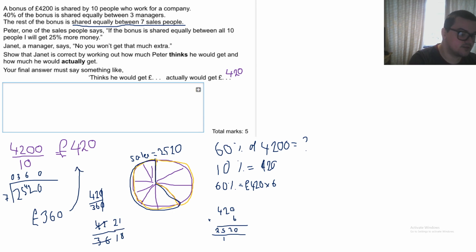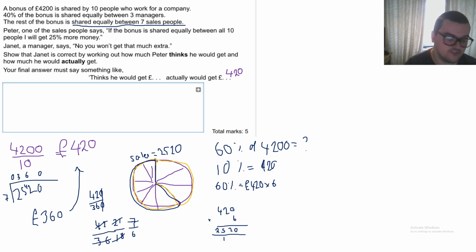These are both multiples of 3, so we can divide by 3. 18 divided by 3 is 6. 21 divided by 3 is 7. Our simplest form is 7/6.